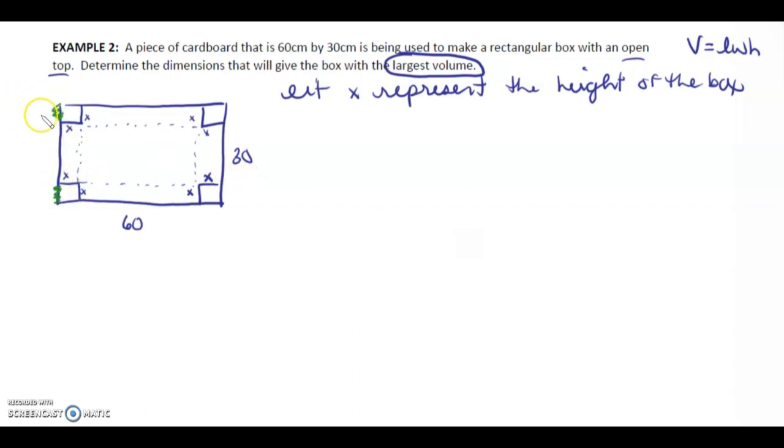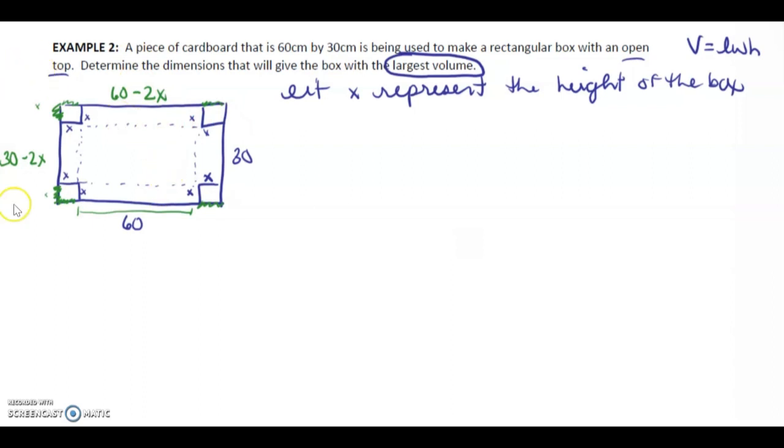Well, it was 30, but we're taking away x and we're taking away x. So this is now 30 minus 2x. And going down to the other side, the length, if we take away x here and x here, what's the length from here to here? Well, I'll write it up here: 60 minus 2x. 60 is the original, we're going to get rid of x and x, which is 2x, and obviously that's subtraction.